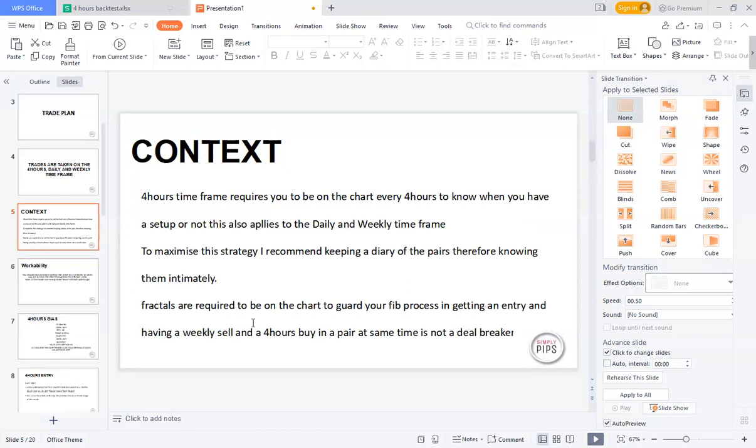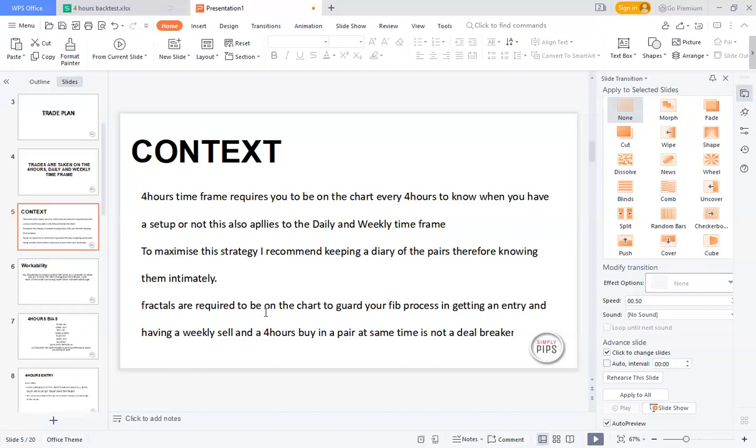Then fractals are required to be on the chart to guide your process in getting an entry. I always put my fractals on the chart because one benefit of having a fractal is that price always rejects on fractals. Price always comes back: either it comes to the fractal and rejects it, or it closes above the fractal, comes back for a retest on the fractal line or below it, before going to the intended direction.